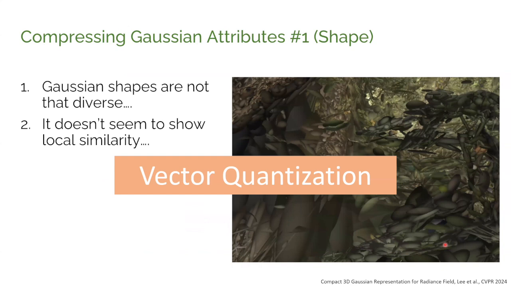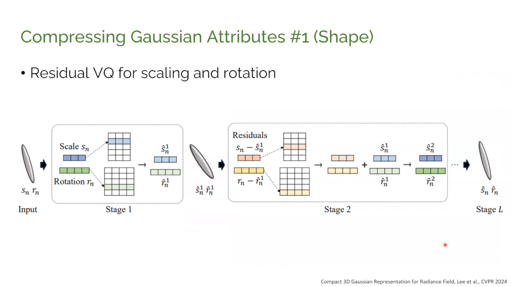So we propose to use vector quantization. Among the many techniques, we use residual vector quantization. And if you're in the compression community, you might be familiar with this technique. This is a technique that many deep learning-based compression methods have used.